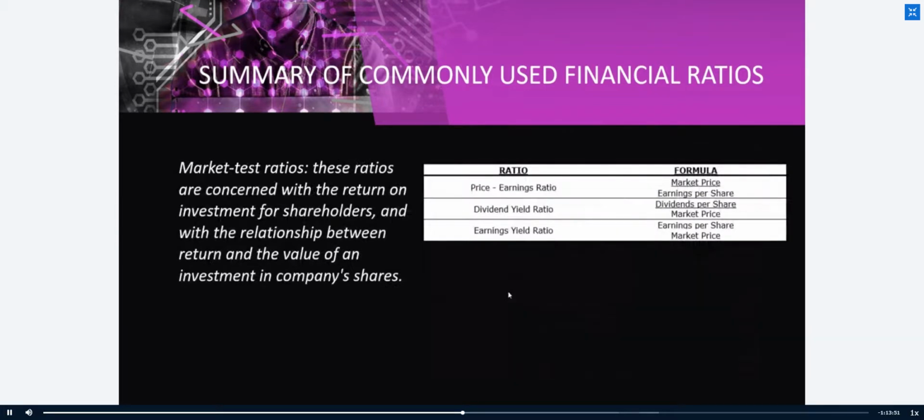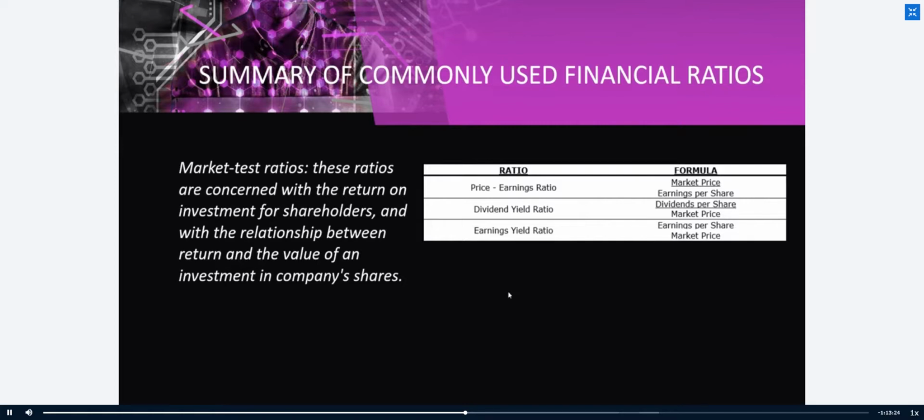All right. Of course, you have your dividend yield ratio as part of the market test ratios. That's your dividend per share divided by market price. And finally, your earnings yield ratio. That's earnings per share over market price. Right now, it won't make any sense because we're discussing the theoretical part.